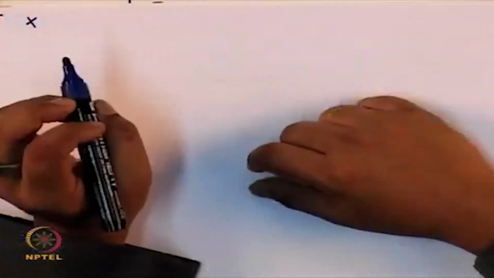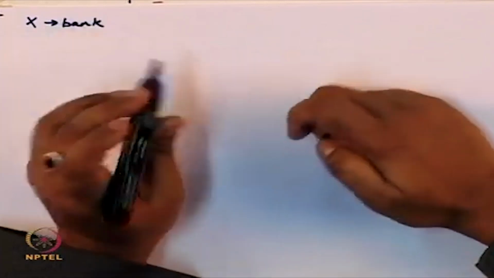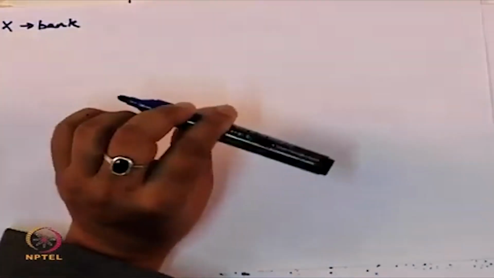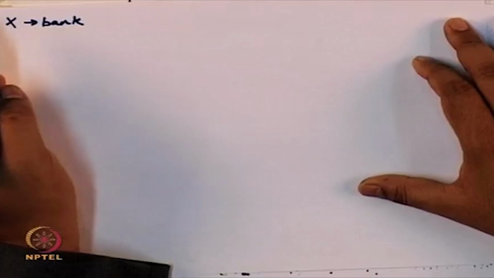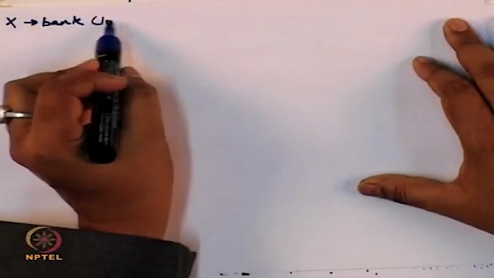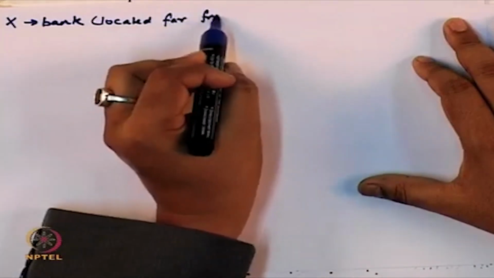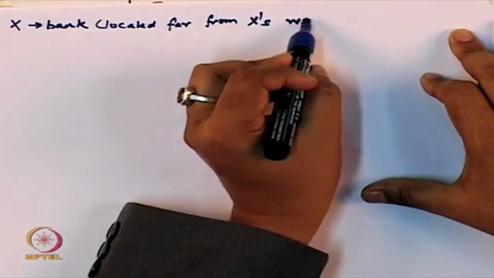Let me come to another example. Imagine that a person X works at a bank which is located far from X's residence.